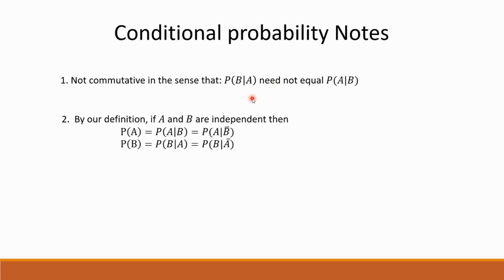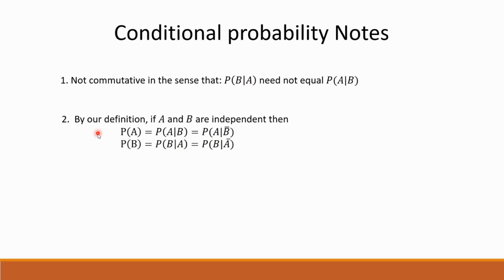Also, if you went back to our definition of 2 events being independent, A and B, and you wrote out those definitions using our new notation, this conditional probability, you would have this.